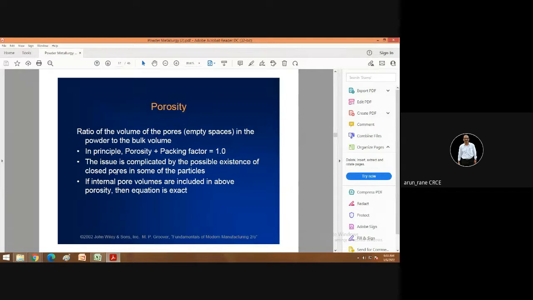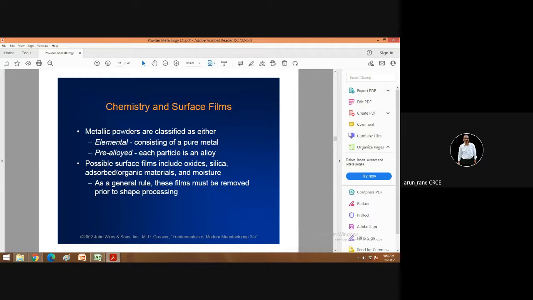Porosity plus packing factor is 1. So porosity is defined by the volume of the pores divided by the bulk volume. Important for MCQ. Volume of the pores, that is empty space, divided by the total volume, the bulk volume.